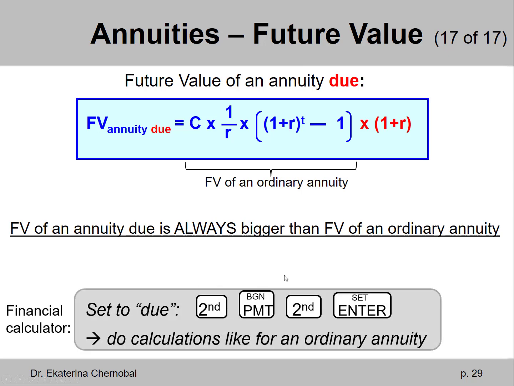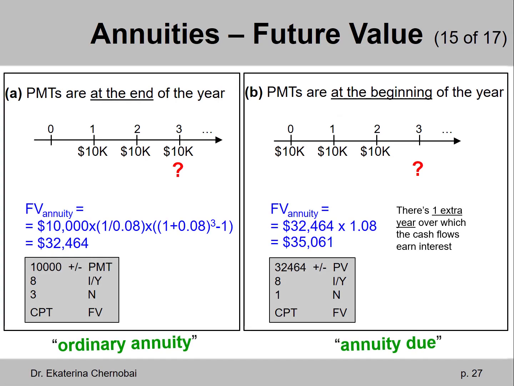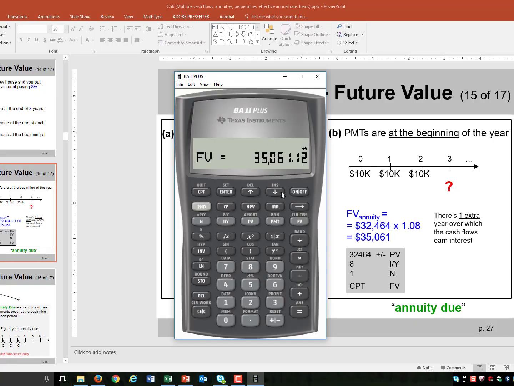But there is another way to find the future value of an annuity due. In the problem we just did, we can do the following. Let's clear everything. We can tell the calculator that the calculations I'm about to do for an annuity are going to be based on an annuity due, right?